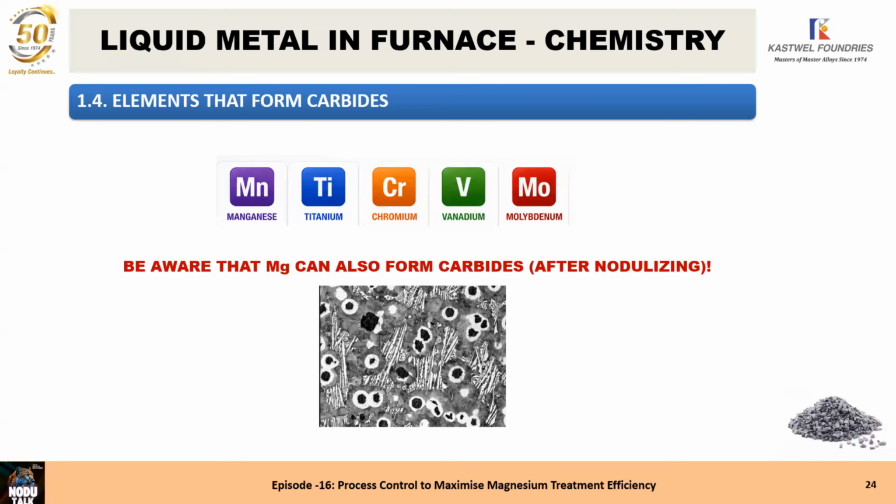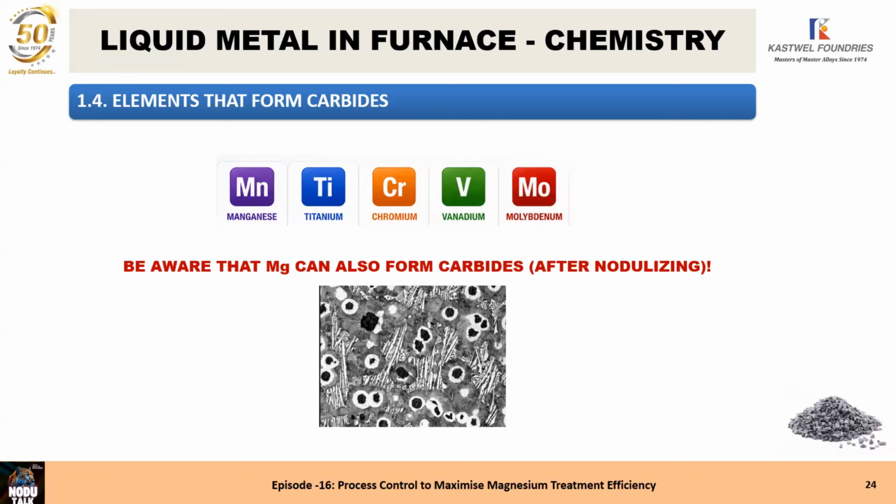Elements that form carbides: manganese. Luckily every one of us knows that the manganese in ductile iron should never be more than 0.40%, and in ferritic never more than 0.20%, so that carbide formation by manganese will be less.